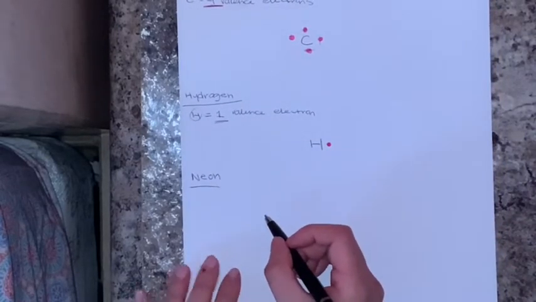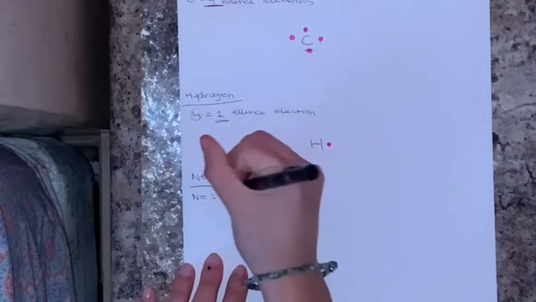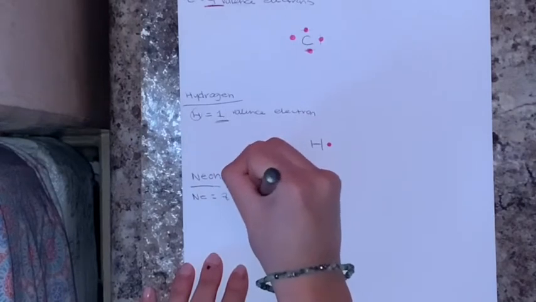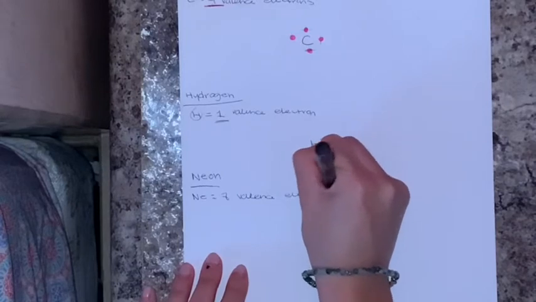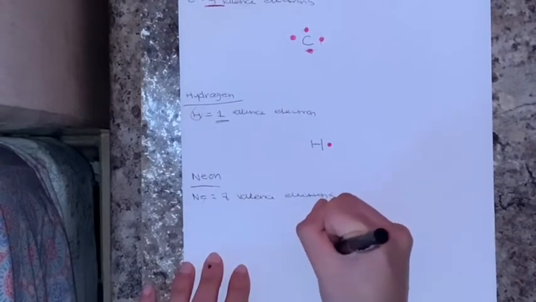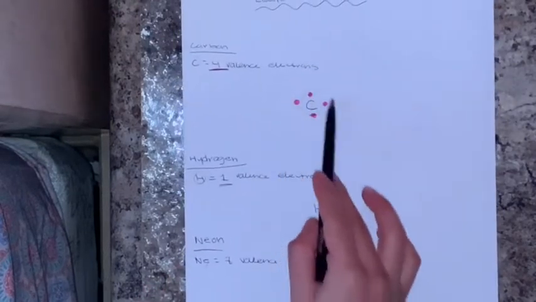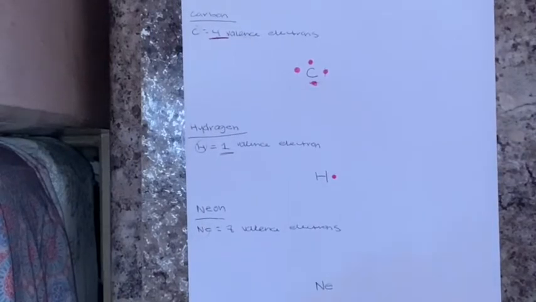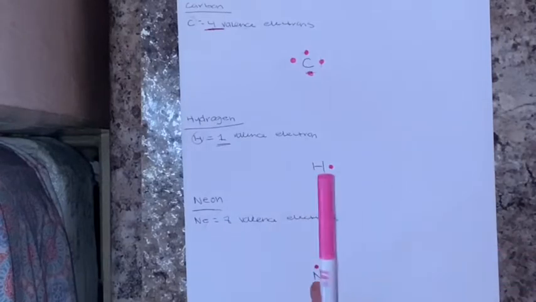And so now we're going to do neon. Neon has 8 valence electrons. So we're going to put the chemical symbol Ne in the middle. Just how we did for carbon, like a box-shaped form, we're going to do that for neon. We're going to distribute these 8 valence electrons around neon.